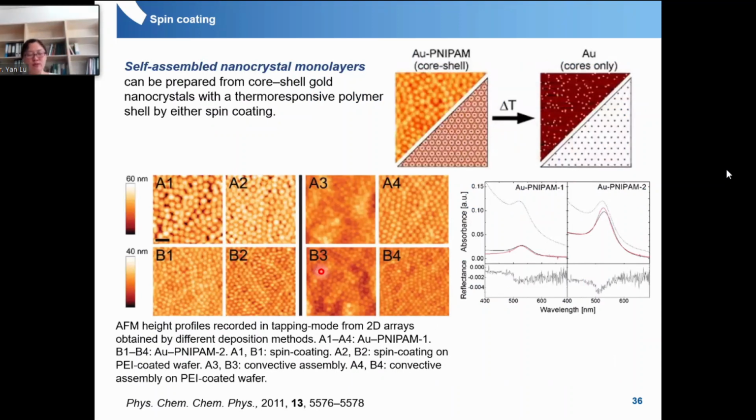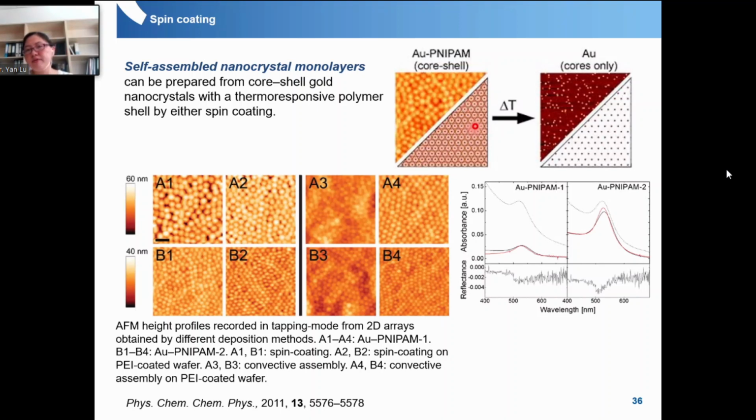Of course, you can also use spin coating for some smart polymers. Here they use thermoresponsive polymers. It's a core-shell particle, with gold as the core and cross-linked PNIPAM. PNIPAM is temperature sensitive. They used spin coating to form a thin layer of such polymer latex particles, forming an ordered structure.